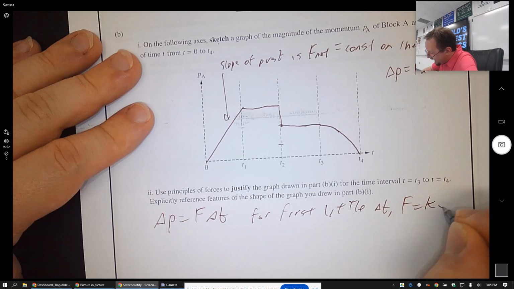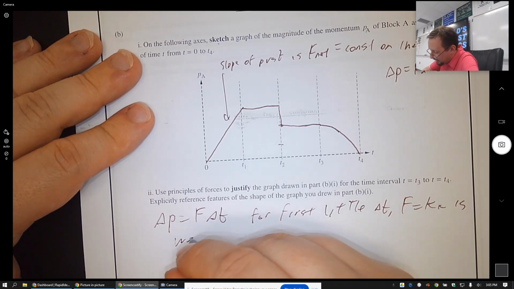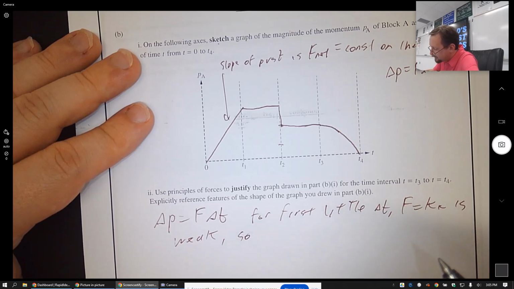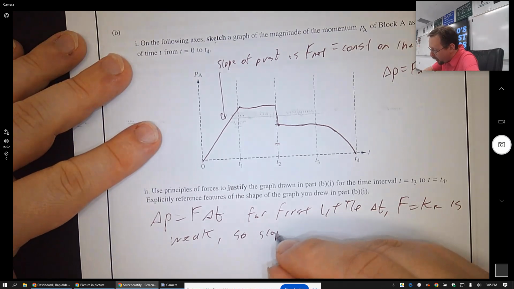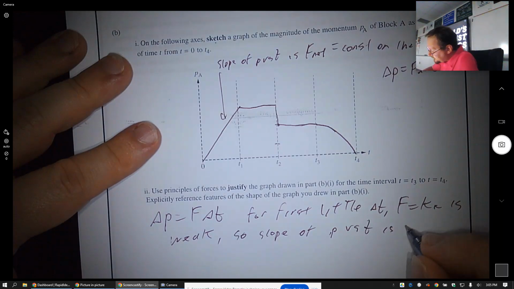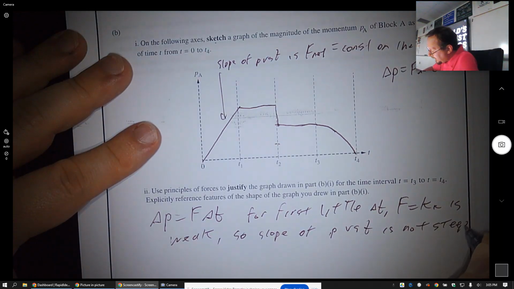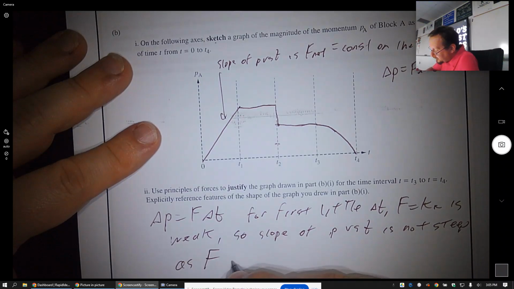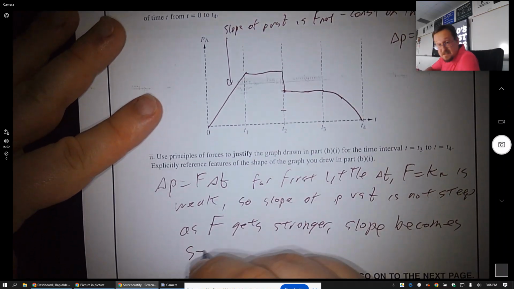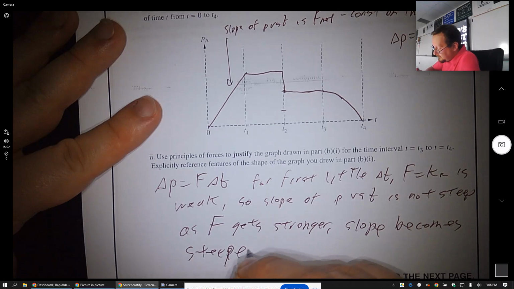F equals kx is a weak force. So the slope of momentum versus time is not steep, right? As the force gets stronger, the slope becomes steeper. Okay, that's my opinion, and I'm sticking to it.